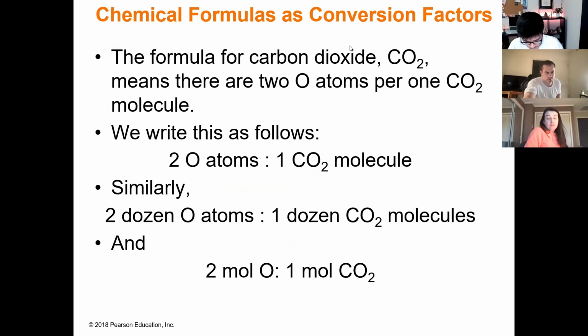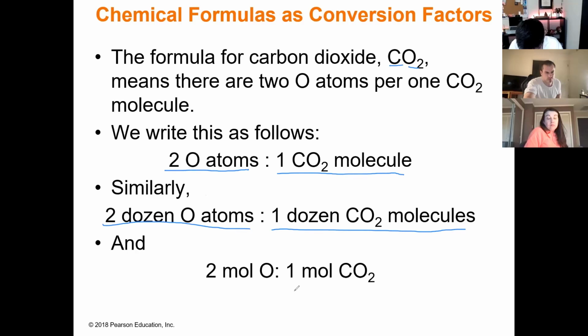So carbon dioxide, a compound that has 1 carbon and 2 oxygens. So I know that for every 1 CO2 molecule, I get 2 oxygen atoms. Similarly, if I had 1 dozen CO2 molecules, I'm going to have 2 dozen oxygen atoms, right? Because we're just taking our base here and we're multiplying it by a dozen.